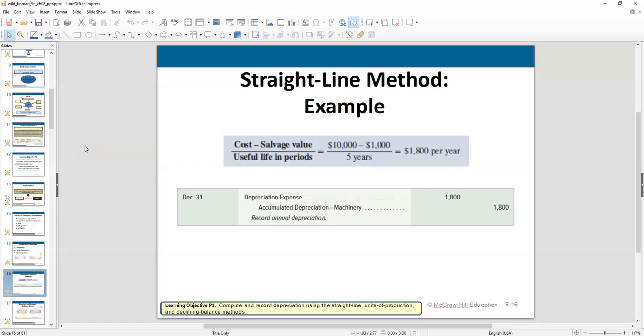Now, accumulated depreciation is a contra account to property, plant, and equipment. The reason why we have to keep track of depreciation is we have to know whether or not we have a gain or a loss when we dispose of the item. Now, something you should picture is look at BMW.